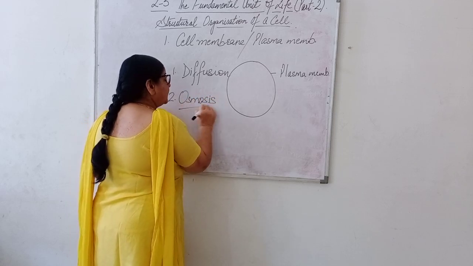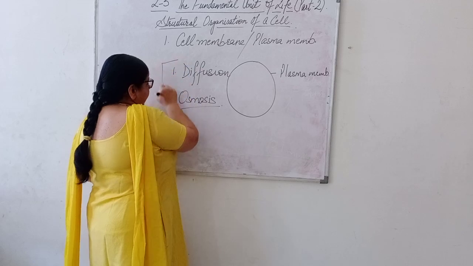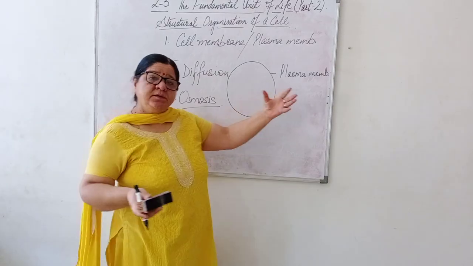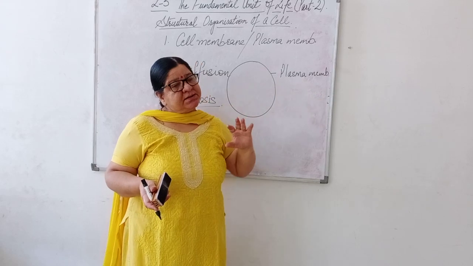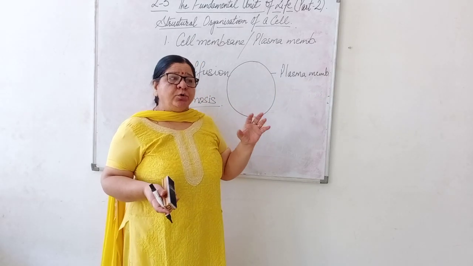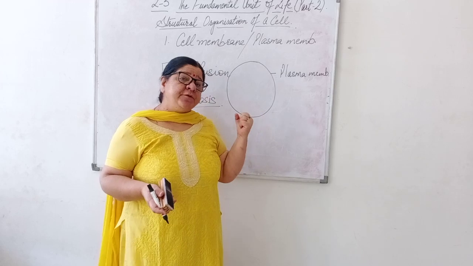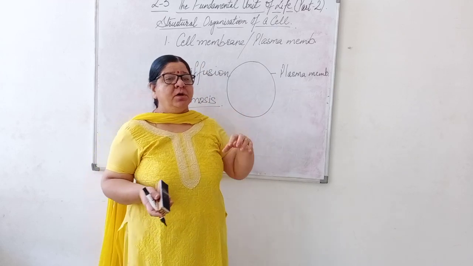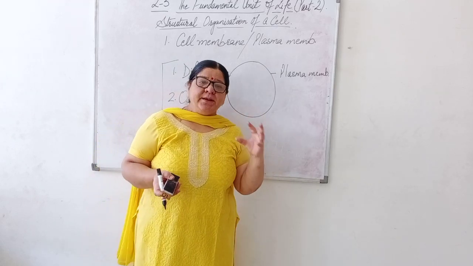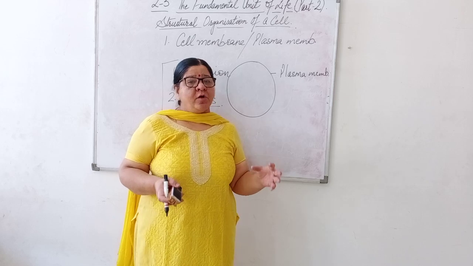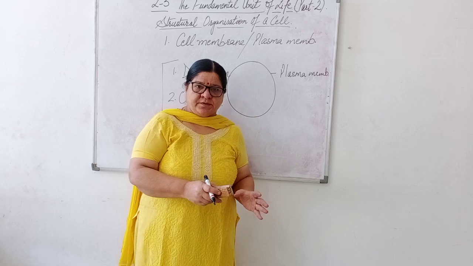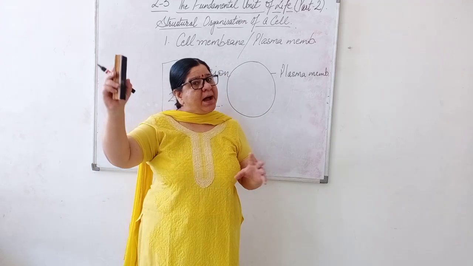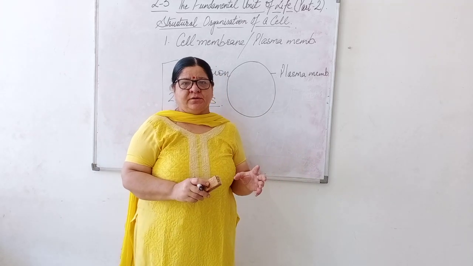These are the two processes by which the substances may enter or leave the cell. Now, diffusion, as you did in the first chapter of chemistry also, that is the movement of substances from higher concentration to lower concentration. It is always from higher concentration to lower concentration.